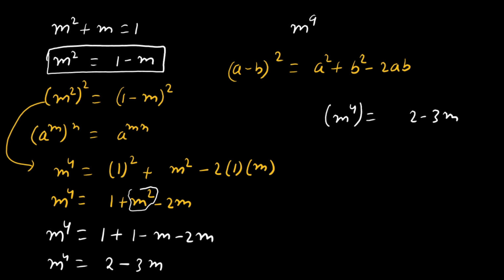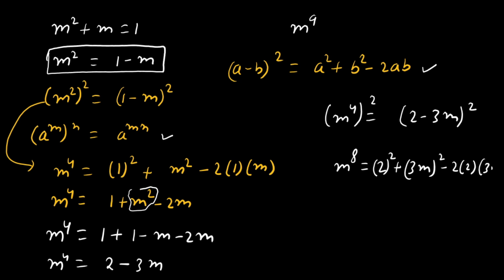If we square again both sides, on the left hand side we will apply the same rule. Then on the left hand side m power 8 equals, on the right hand side we will apply this algebraic identity, 2 squared plus (3m) squared minus 2 times 2 times 3m. So m power 8 equals 2 power 2, that is 4, plus 3 times m squared, that is 9 times m squared, minus 2 times 2 times 3, that is 12m.